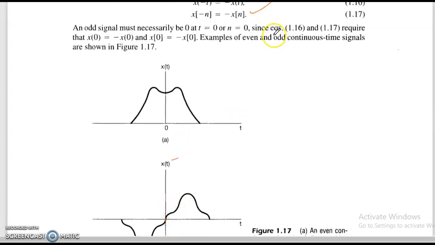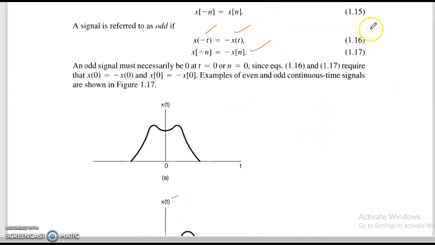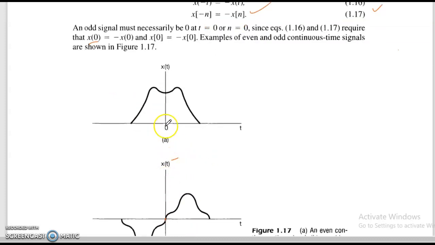Since equations 1.16 and 1.17 require that x of 0 equals minus x of 0, so x of 0 equals 0.